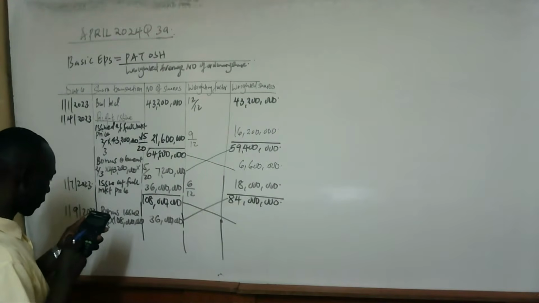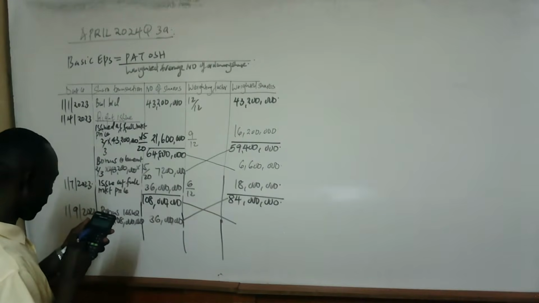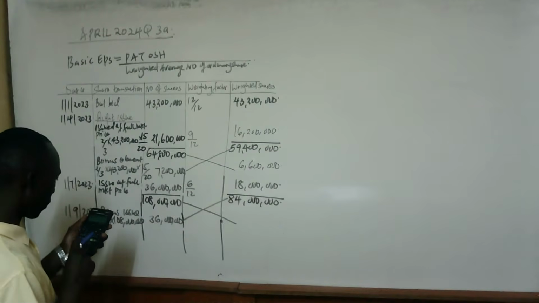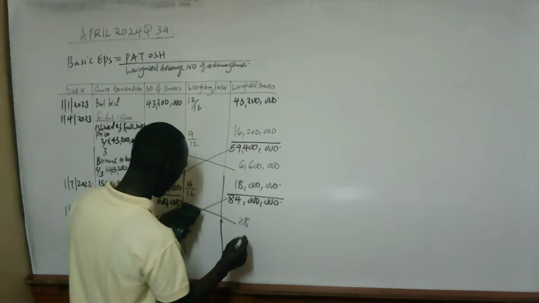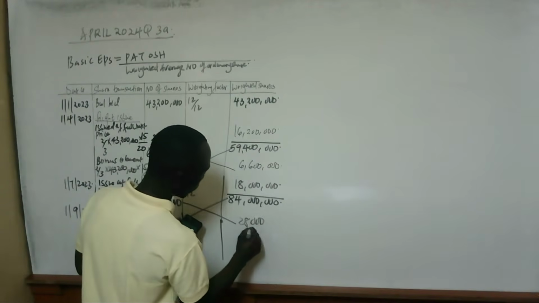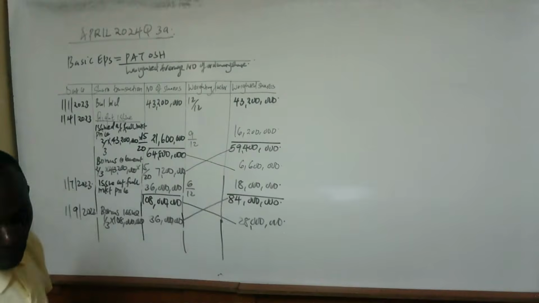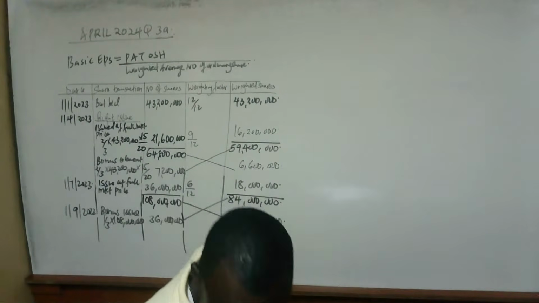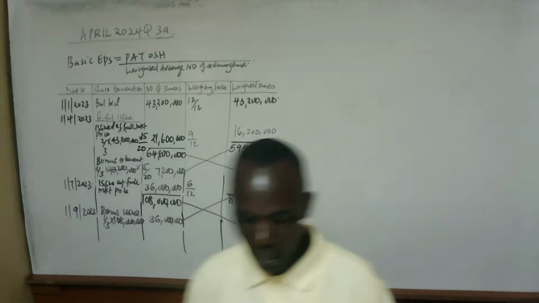So this is 36 million, you multiply by 84 million, then you divide by 108 million. And therefore you are going to get 28 million.